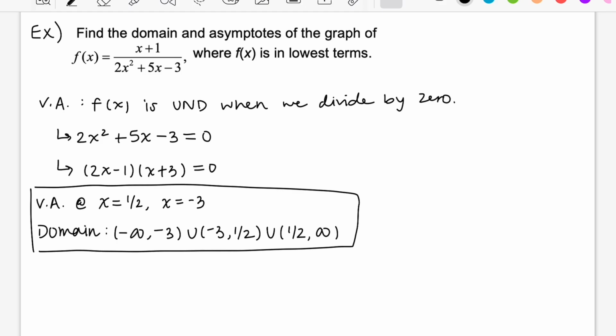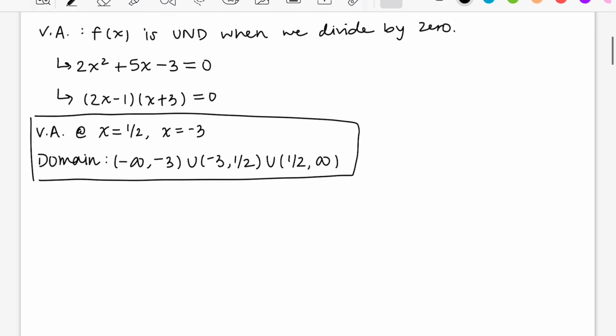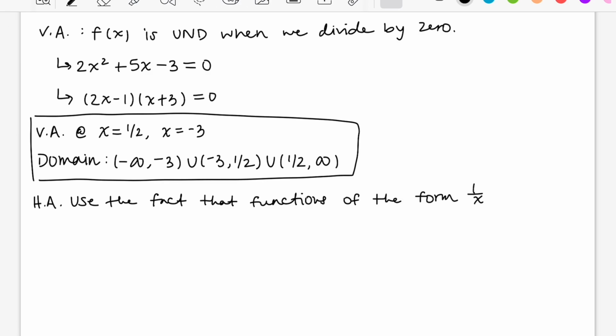We also want to find our horizontal asymptote. So what we're going to do here, we're going to use the fact that functions of the form 1 over x get smaller and smaller as we let the absolute value of x get bigger.